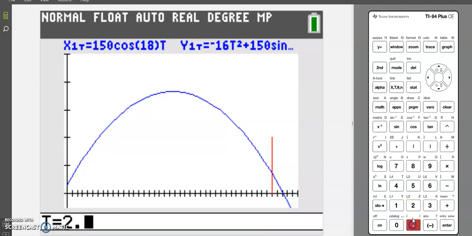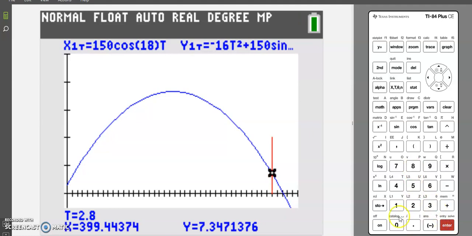So let's try 2.8. And we can see that right there it hits the fence. And the height is 7.347. Now, you can see that's like 7.35, which is what we'd said in the problem. But to be the most accurate, you would need all the decimals like we did on the paper. But anyway, that's pretty cool where you can see the path of the baseball. You can see that it did not clear the fence. And that's it.